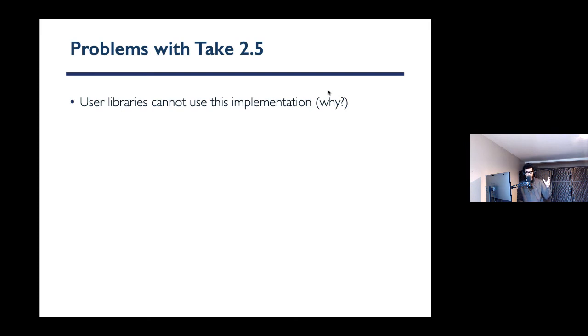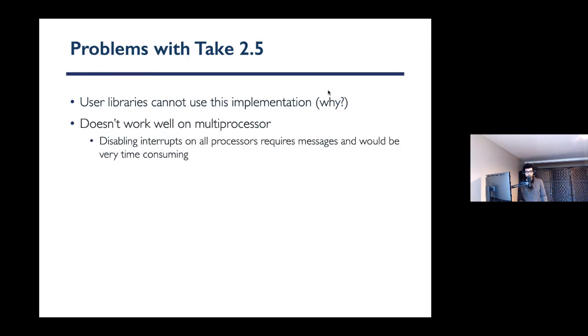And disabling and enabling interrupts are privileged instructions. So you cannot let user code enable or disable interrupts. Therefore, this implementation is only suited for kernel libraries. This is a lock that could be implemented by the kernel, but it cannot be done by user processes because they cannot enable or disable interrupts.